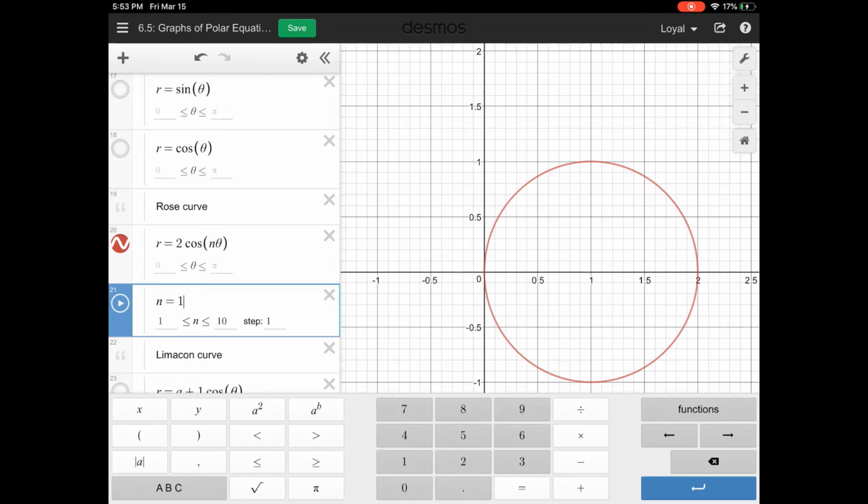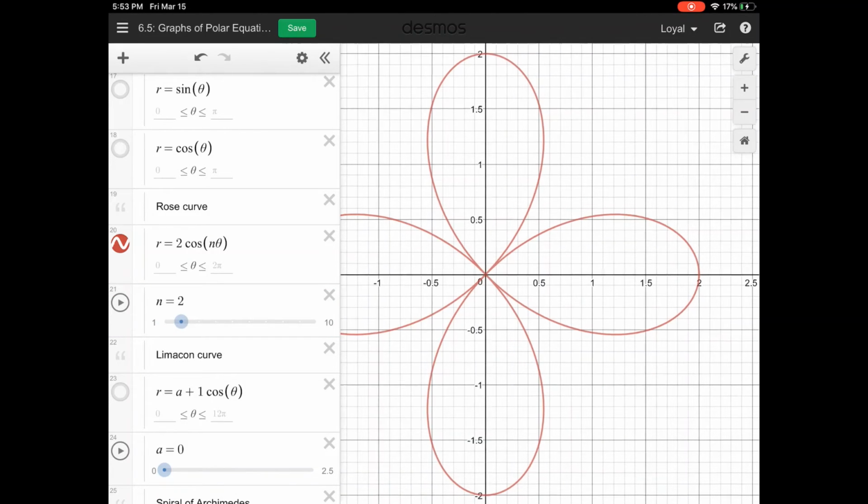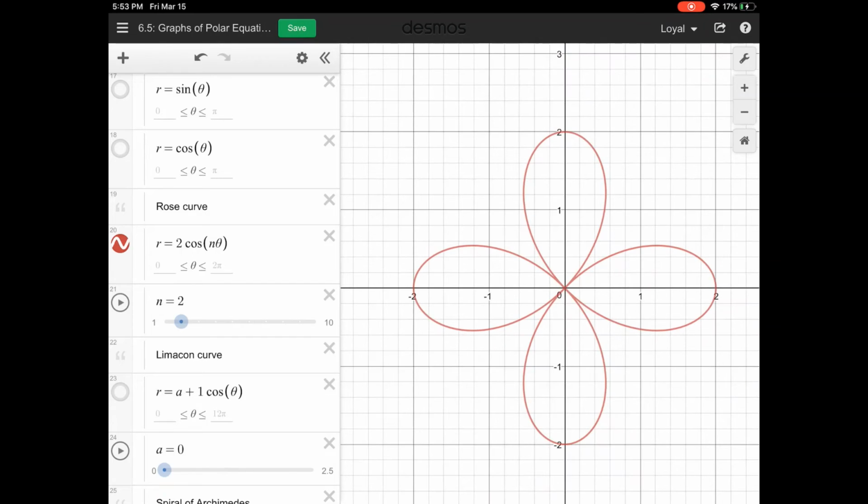If I make it 2, suddenly we have this clover-looking thing. And you can see that the number of petals here is twice as many as this number.